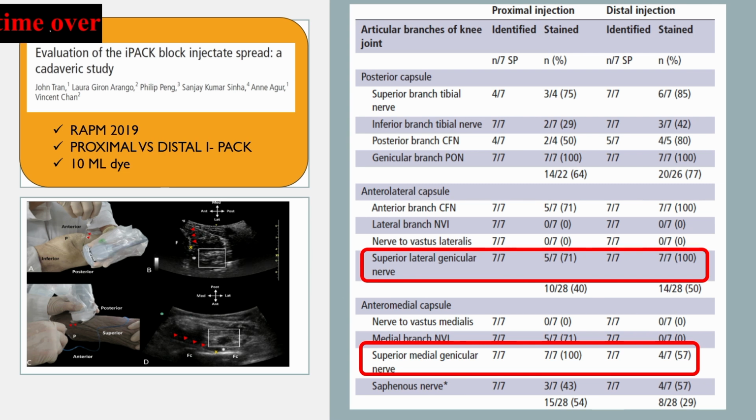The most interesting finding is that the supromedial genicular nerve, which originates majority of the times from nerve to vastus medialis, if for a few minutes I believe that it's originating from tibial nerve, is also getting blocked. So I question you, do we actually need geniculars?